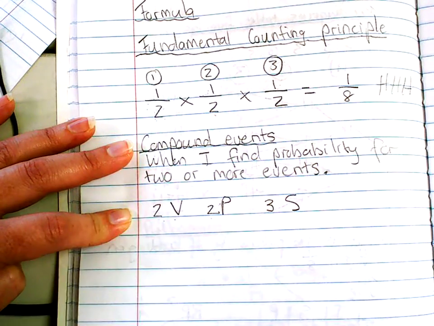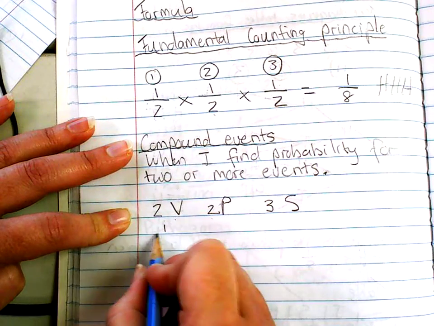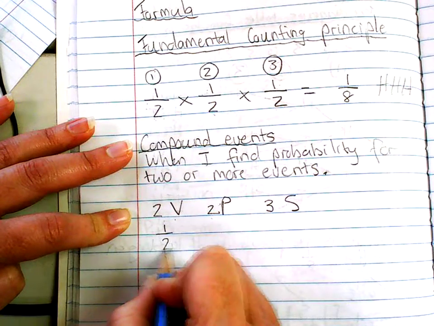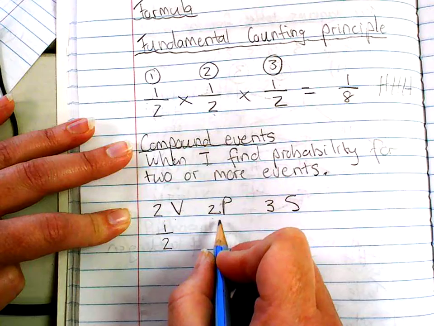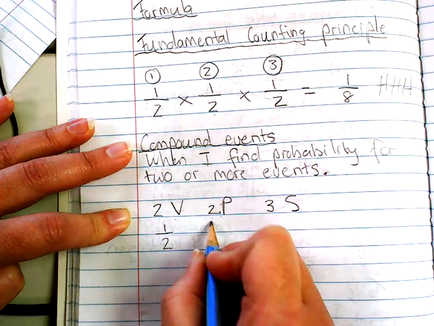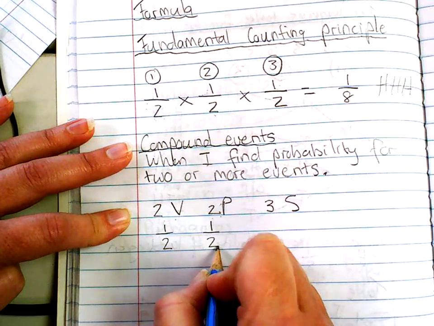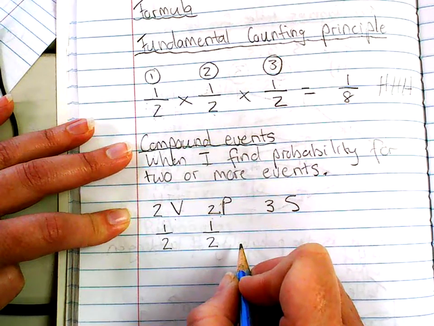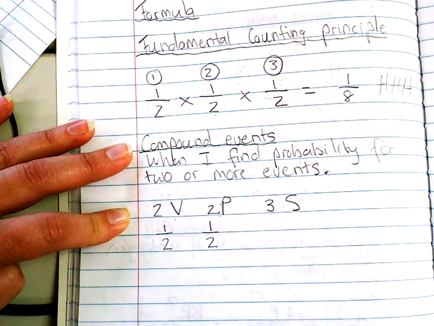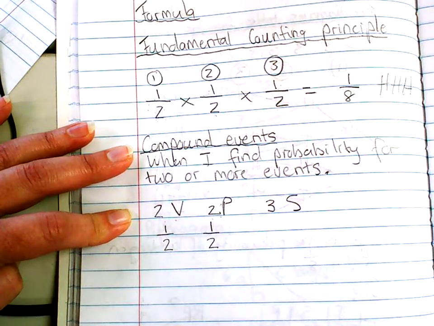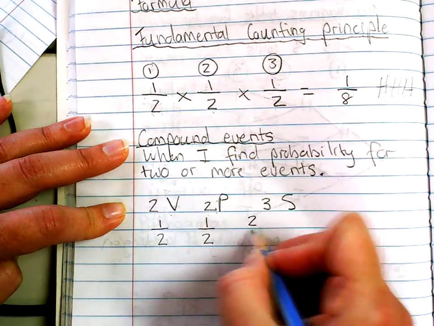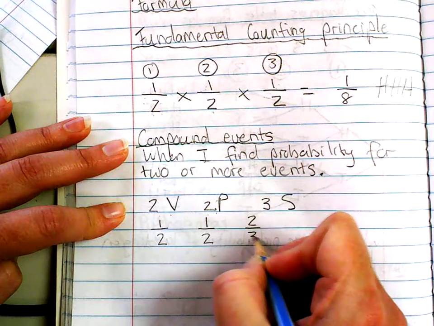So picking one vegetable means I take 1 out of a possibility of 2. I have to pick 1 protein. So I pick 1 out of a possibility of 2. I pick 1 starch. No, let's make it interesting. Let's make it 2 starches. So I pick 2 starches out of a possibility of 3.